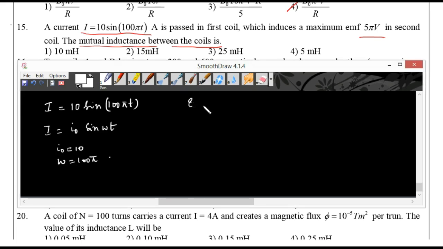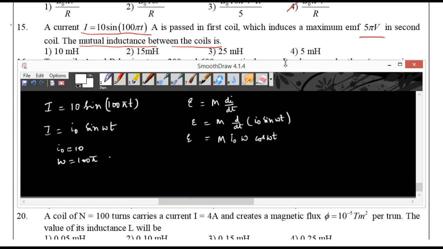E is equal to M into di by dt. This is our formula. Now E is equal to M into d by dt of I naught sine omega t, which gives us M into I naught, constant, omega into cos omega t.